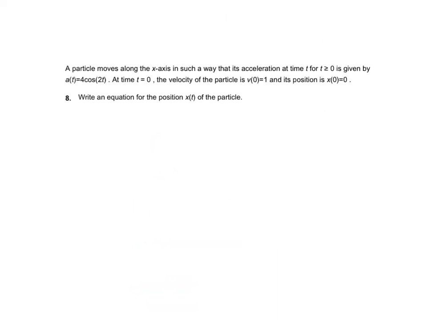Okay, next one. A particle moves along the x-axis in such a way that its acceleration at time t greater than 0 is given by that equation. At time t equals 0, the velocity of the particle is 1 and the position is 0. Write an equation for the position of the particle. Since the derivative of velocity is acceleration, that means velocity is the integral of acceleration.